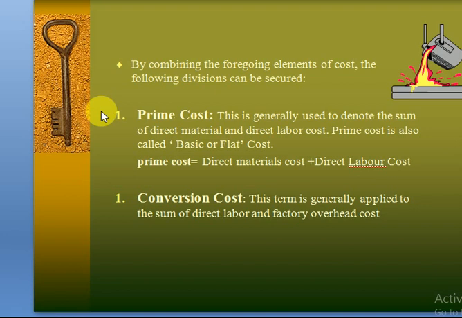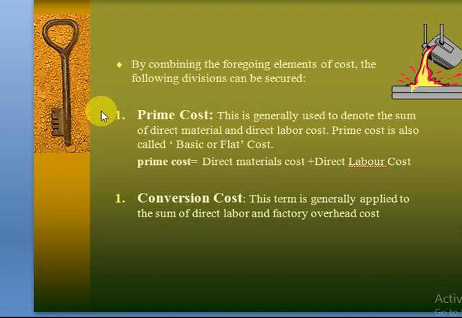Conversion cost, I say, consists of direct labor and overhead cost. Overhead cost and direct labor both have different natures. One is the direct cost, direct labor, which is a cost component.